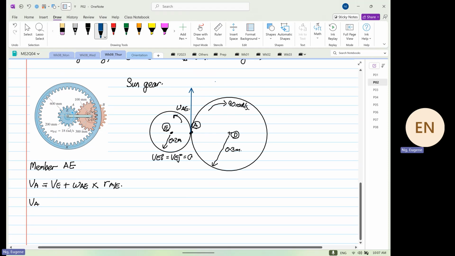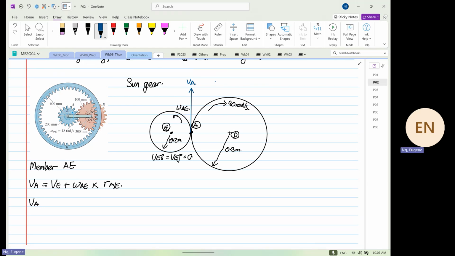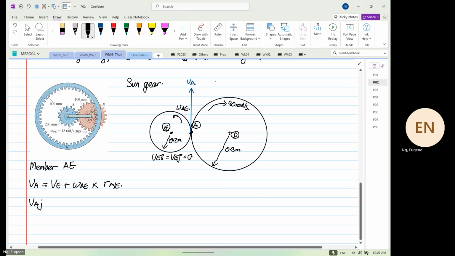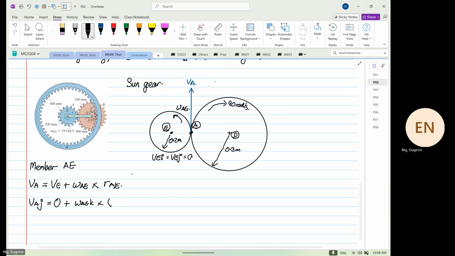So this is our VA. So VA J, we know there's no I, is equal to VE, which we know is equal to 0, plus omega AE, which will be positive because it's going anti-clockwise, times R from point E, which is equal to 0.2 I.